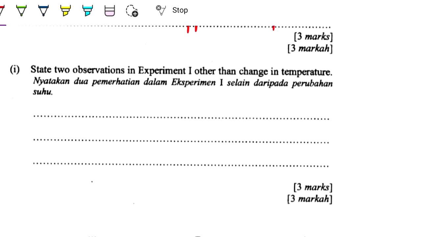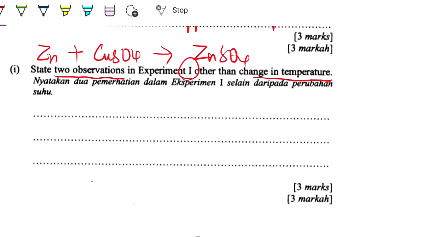So state 2 observations in experiment 1 other than the change in temperature. Beside that, what else can you observe? Experiment 1 is the zinc reacting with copper 2 sulfate, so it forms zinc sulfate and copper. The most obvious would be the temperature, but we accept the change.